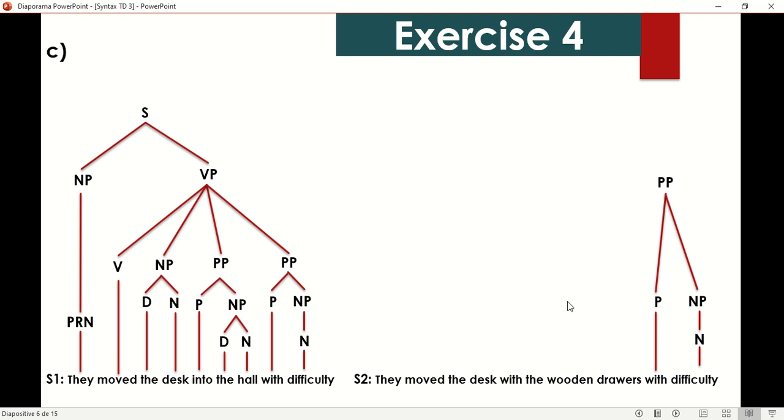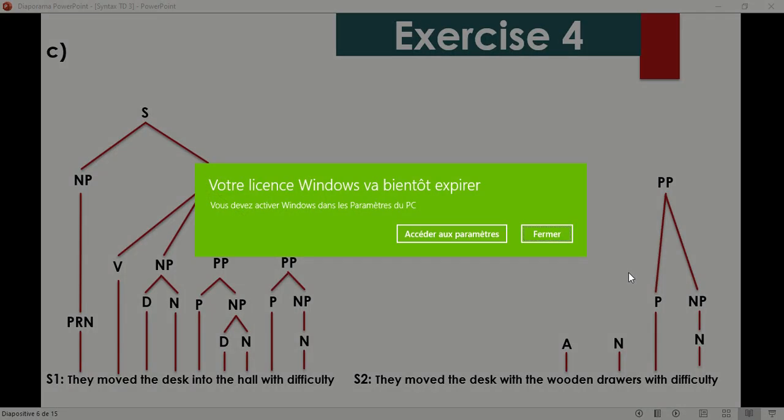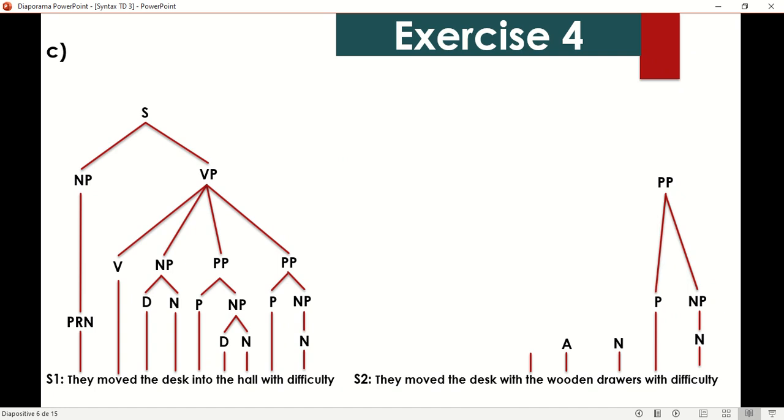You always need to think about this while drawing your tree to have a beautiful tree. So drawers here is a noun, wooden is an adjective, and the is a determiner. The three of them together amount to a noun phrase. With is a preposition. With a noun phrase, we have a prepositional phrase.